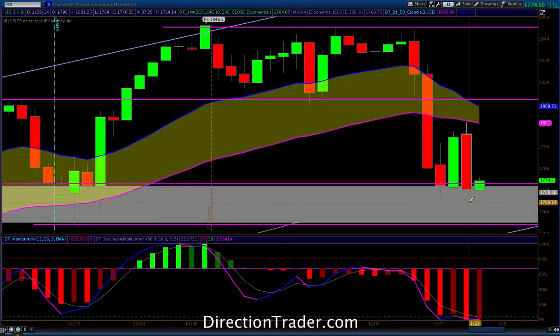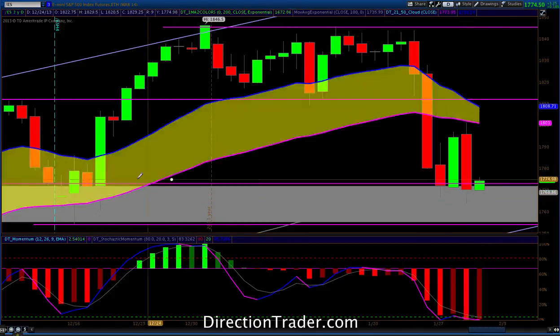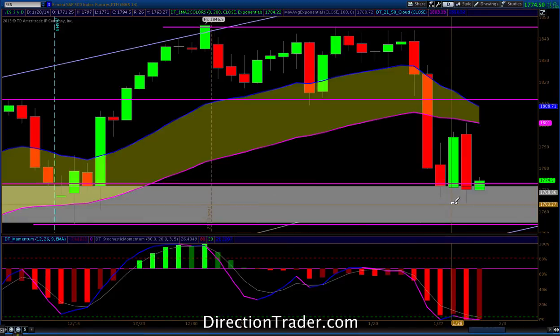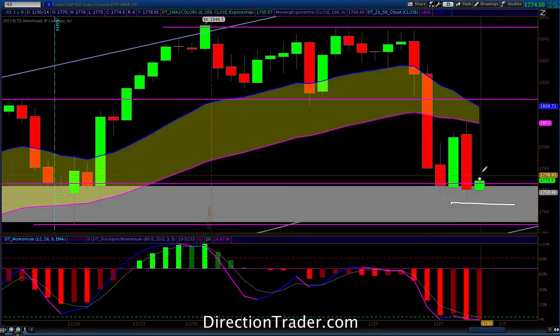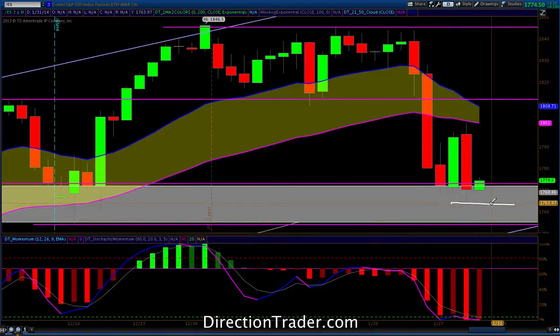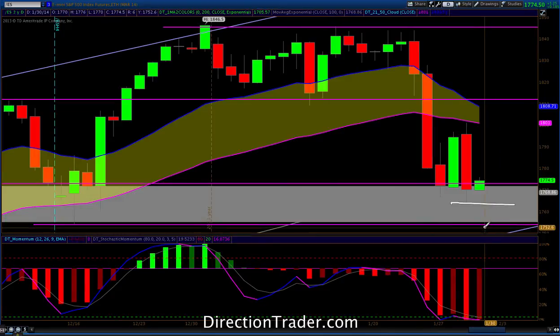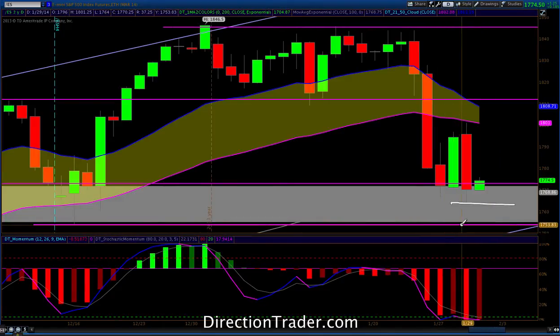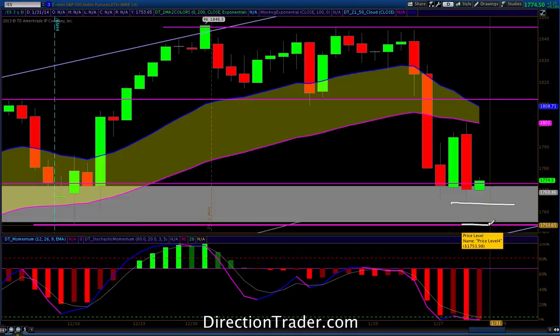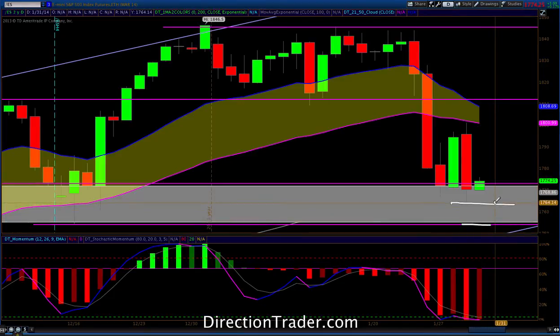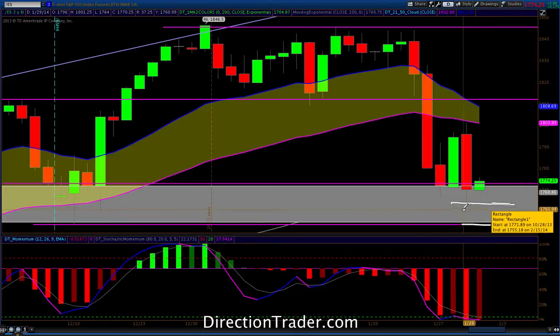Now, the only way I will be getting short is if we can go ahead and break through the low of today's candlestick, and then I don't have a lot of room to trade back down here to the downside. As you see, we are coming into some support down here at 53.5, and the low of today was 64.5, 64.25. So there is plenty of room there.